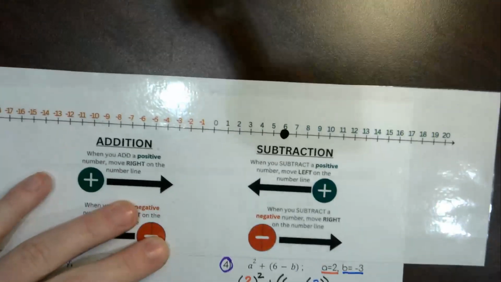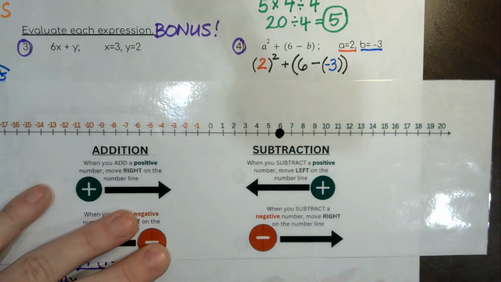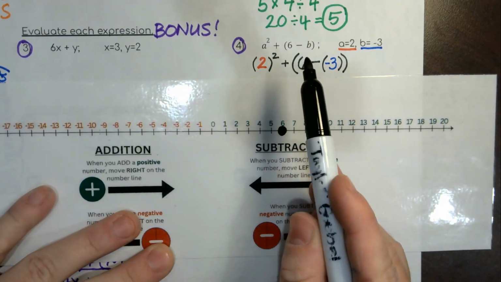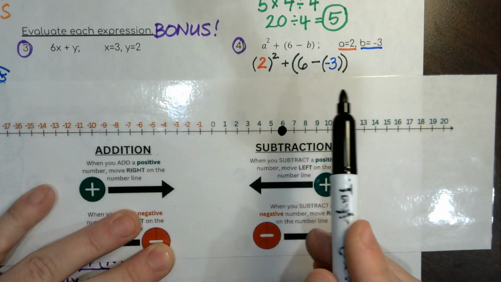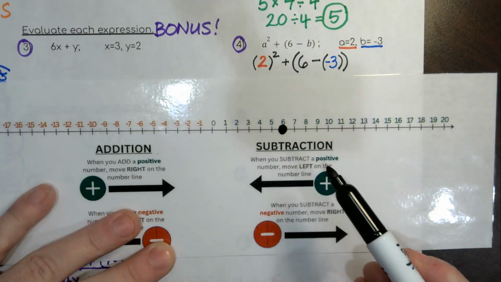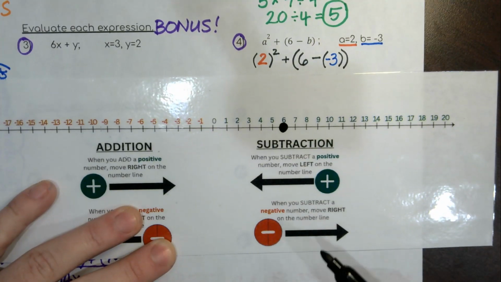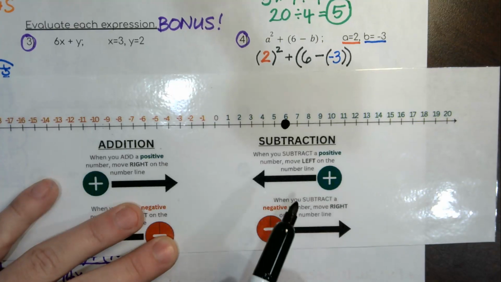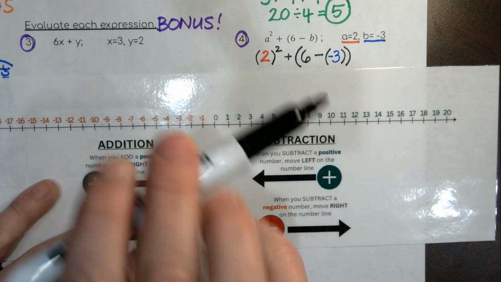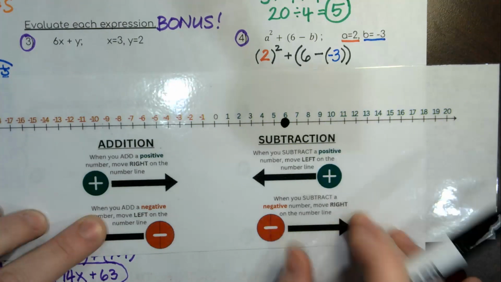Now our problem is 6, let me get that right there, minus, so we're doing subtraction, so we're going to look at this side, -3. So are we subtracting a positive or a negative? We're subtracting a negative number. And it tells us here, when you subtract a negative number, you're going to move to the right on the number line.